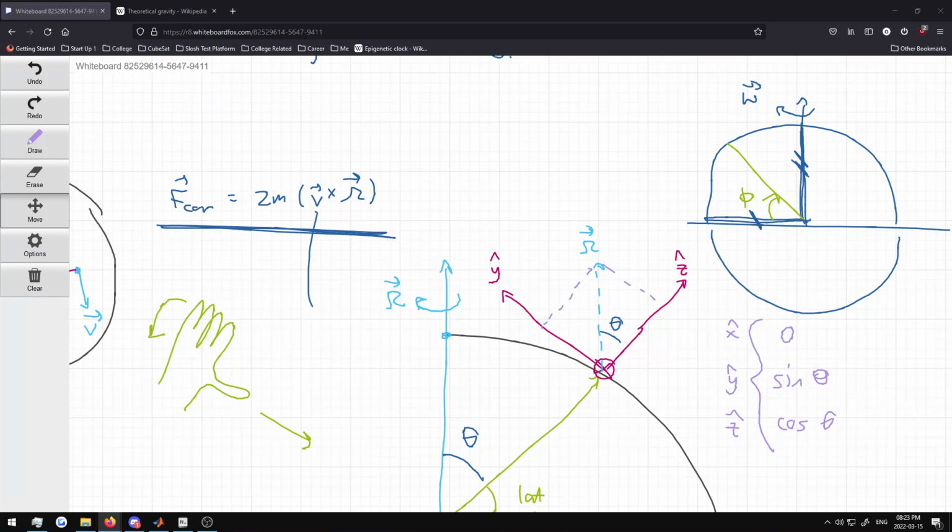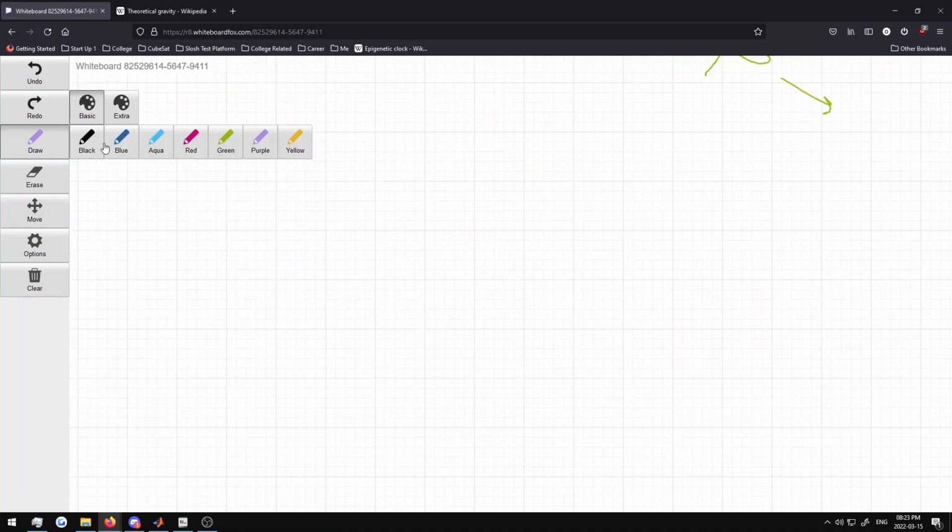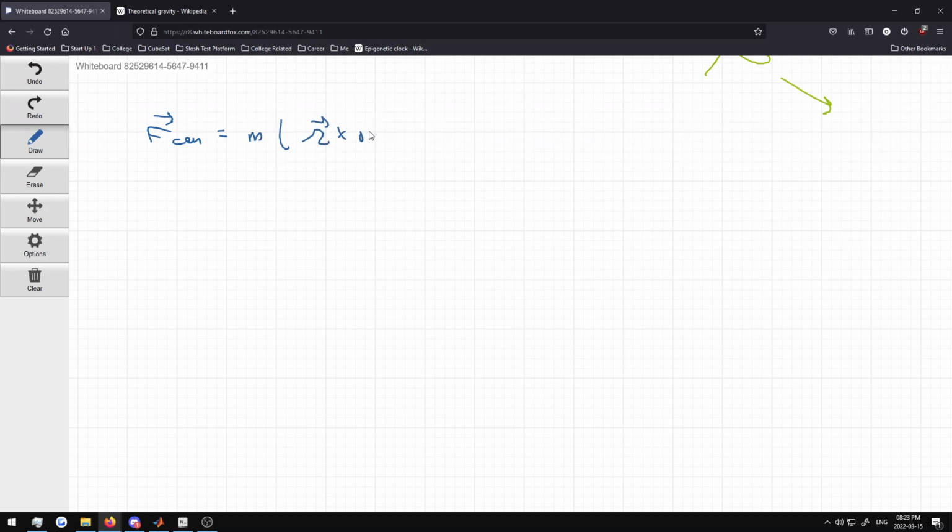Well, as straightforward as you can be. But start drawing here. So for the centrifugal force, the formula is mass cross r, and then we cross this with the omega vector again.